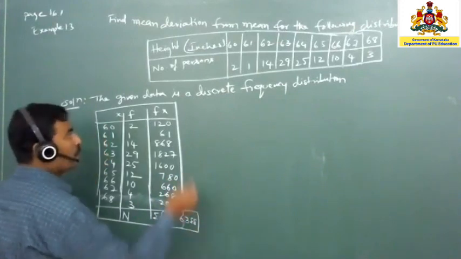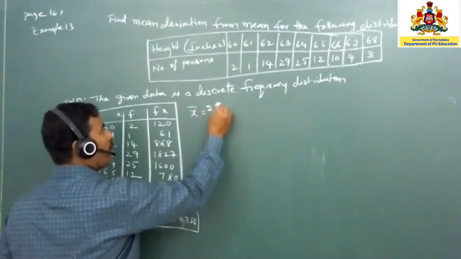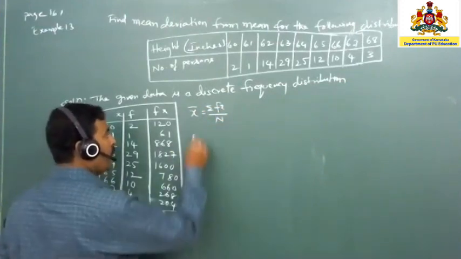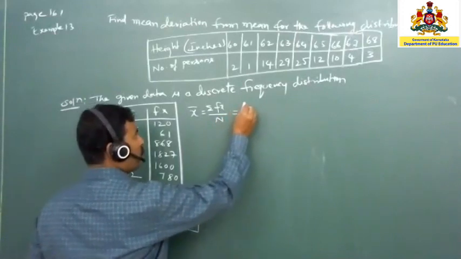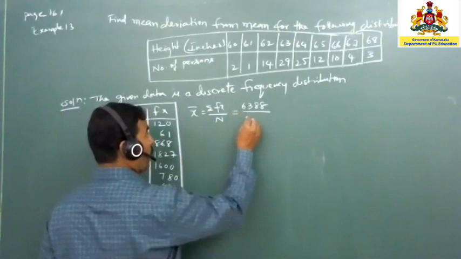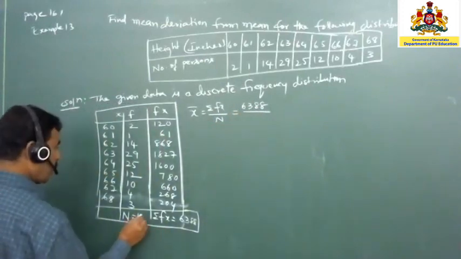So the mean x bar equals summation fx by n, which is 6388 by n. N, the total frequency, is 100.